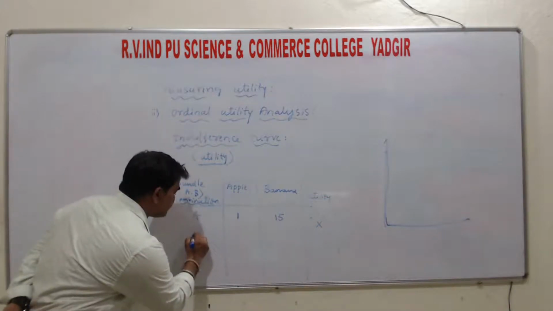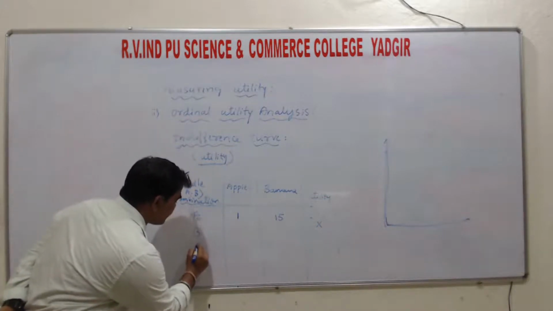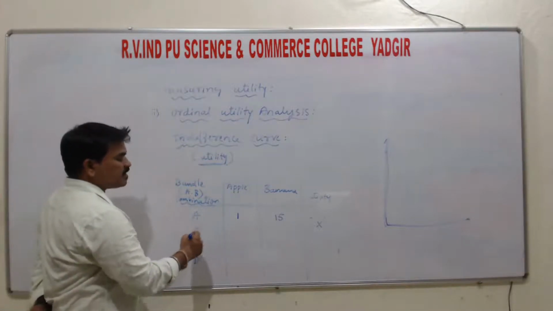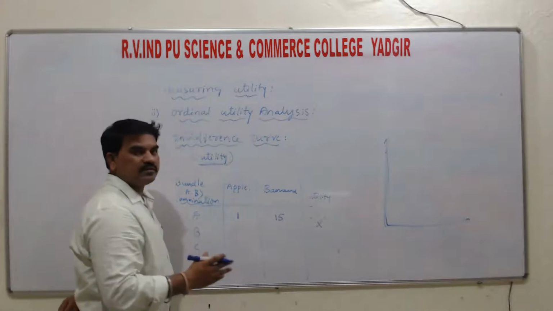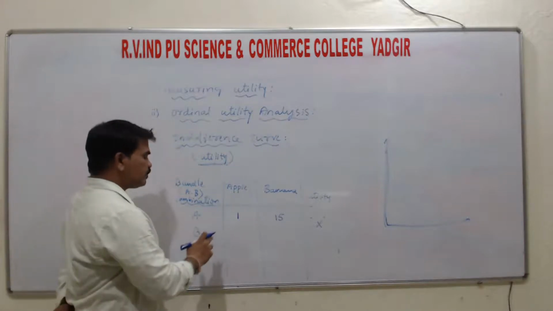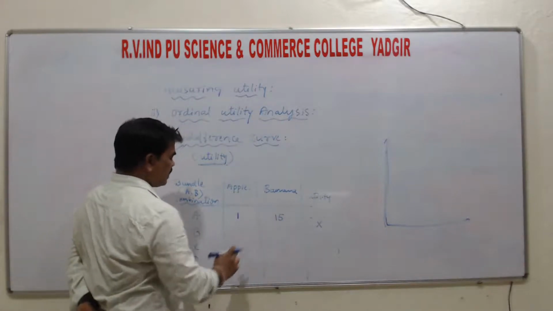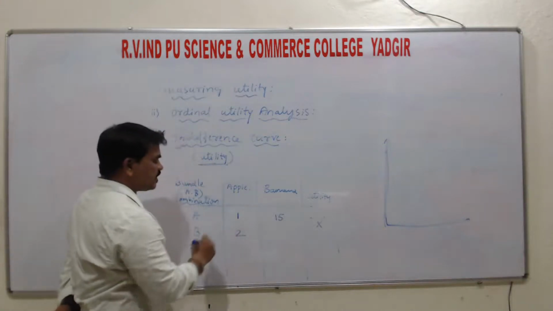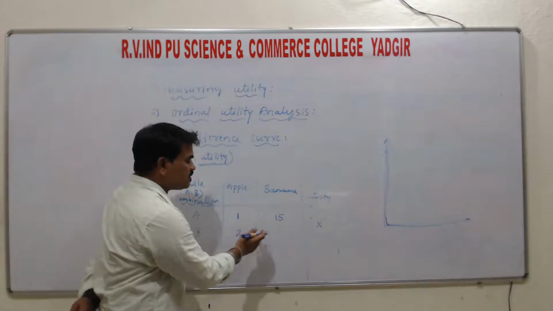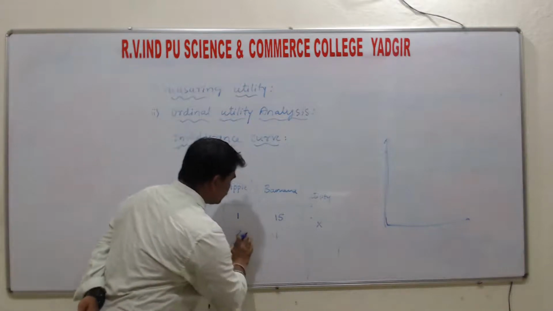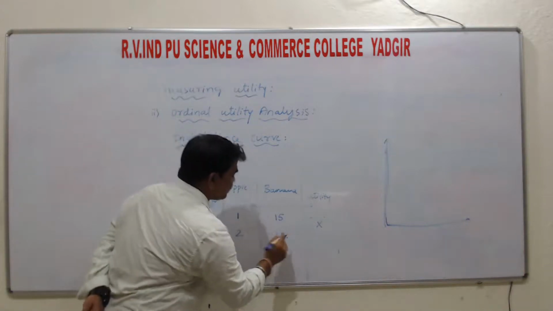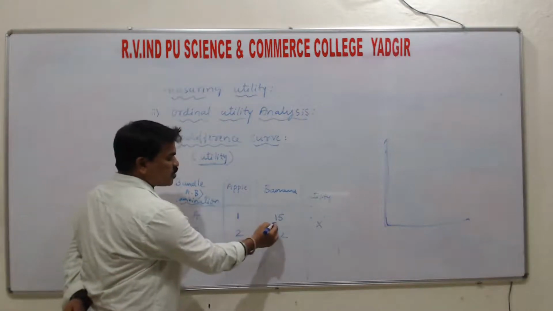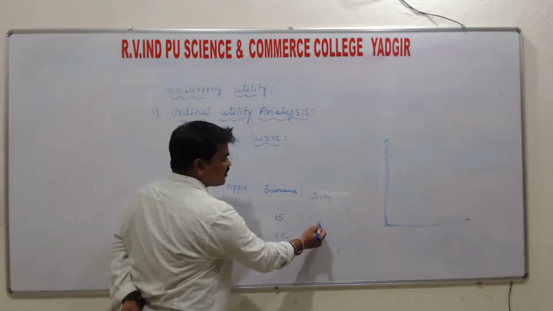Whatever combination we go with, B combination, C combination and D combination, here we are trying to find out the combination of two goods. Here 1 apple, 15 bananas. If he wants to go with this combination, here he will have 2 apples for 12 bananas. This is one more combination. When he goes with this combination, what is his satisfaction level?